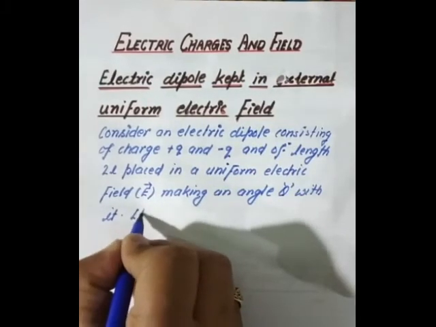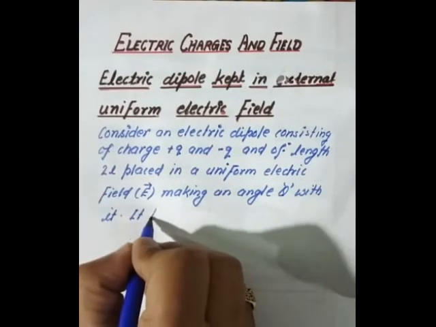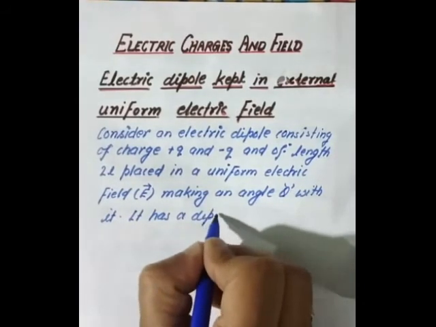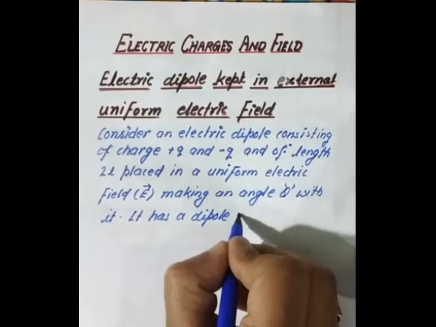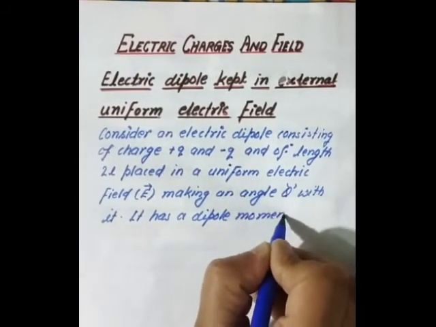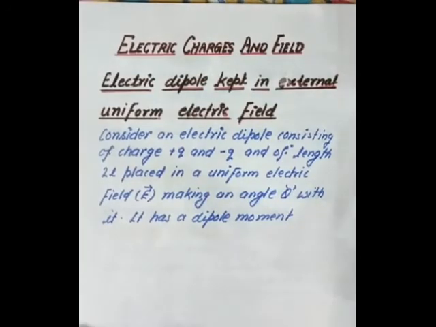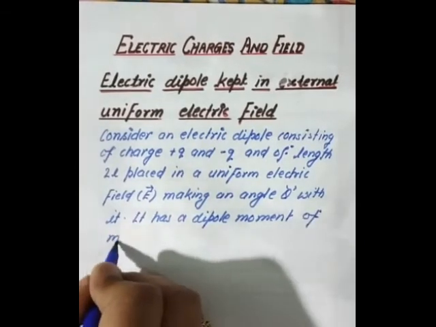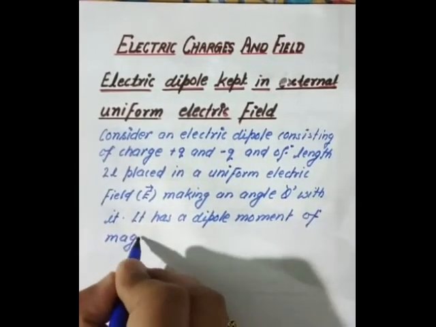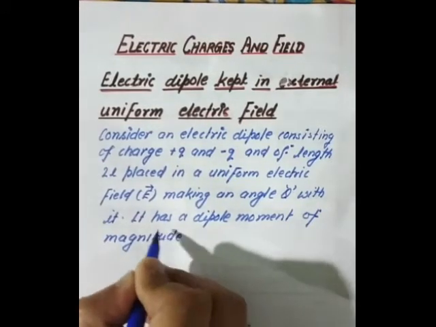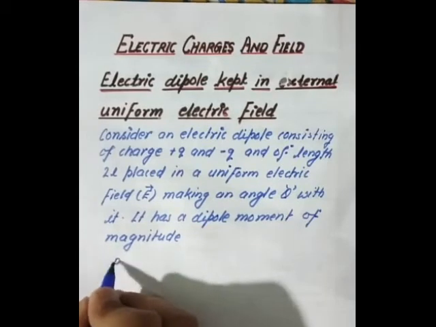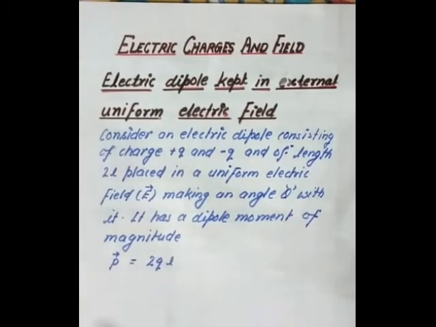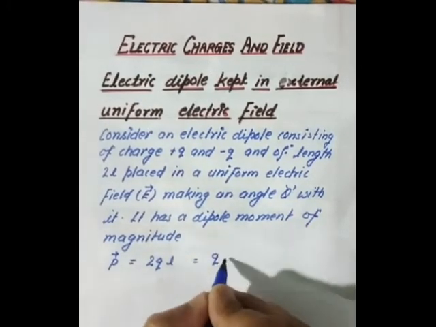It has a dipole moment. We know that the magnitude of the dipole moment is P vector equals 2QL, or you can write Q into 2L.